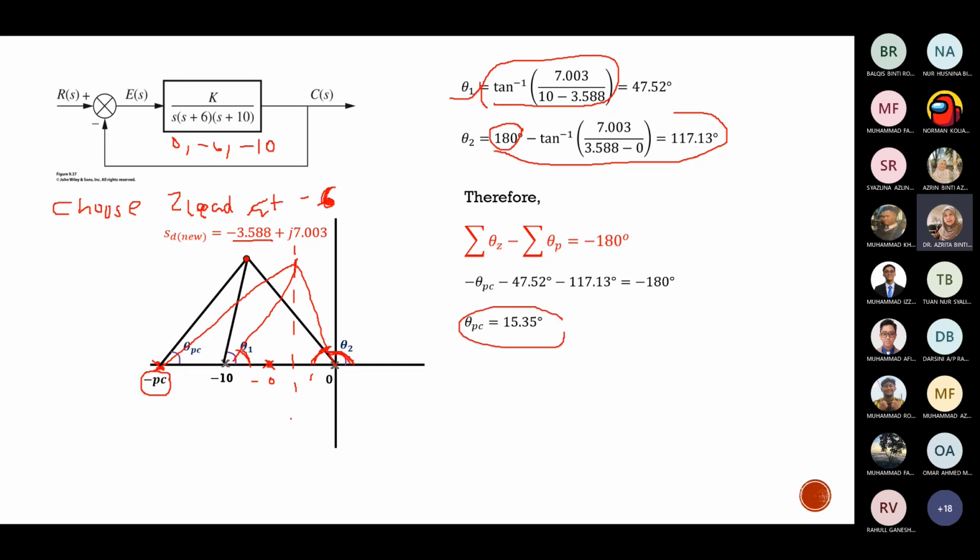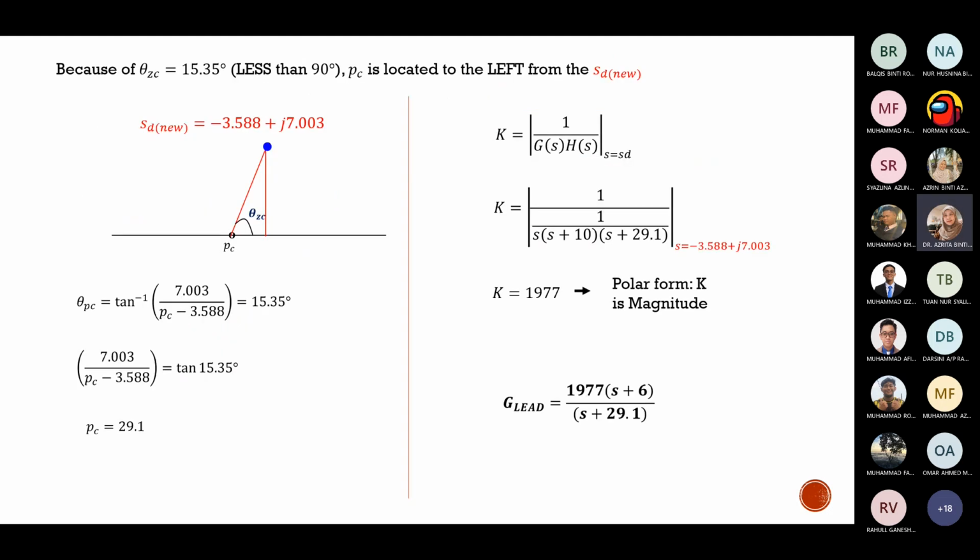So you obtain that theta PC is equal to 15.35 degrees. Since 15.35 degrees is less than 90 degrees, the symbol of PC should be an X symbol, typing error here, located on the left side.